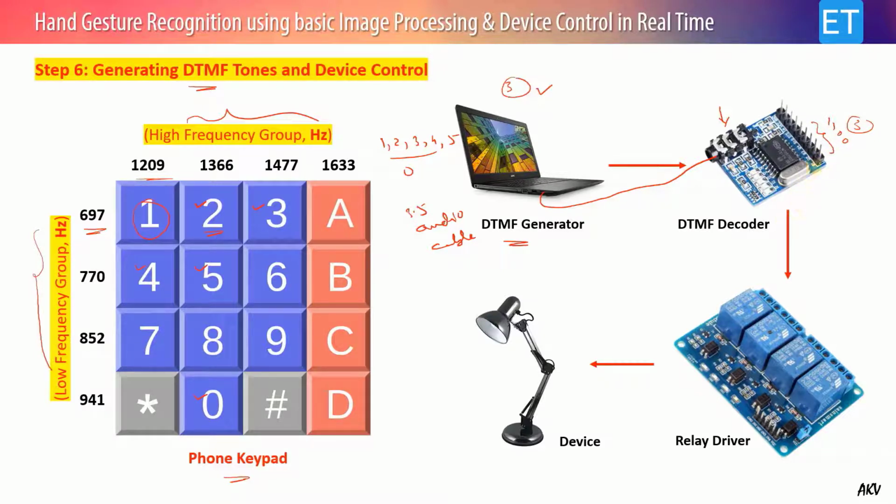Okay, and these signals are now given to a relay driver unit. Here you can give the binary input to this relay driver, and some electrical equipment is connected with these relays. So you can switch on or switch off any electrical equipment just by showing your hand to the web camera.